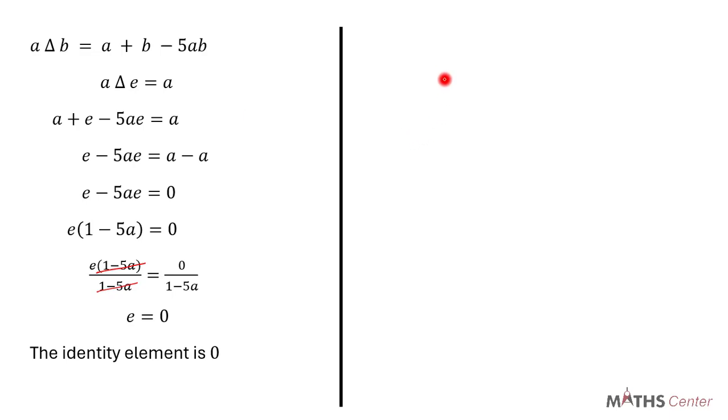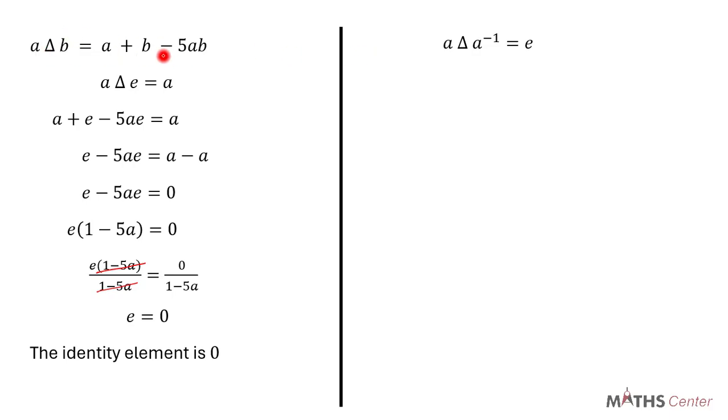We have just learned that for a given binary operation, so here the binary operation is delta, A delta the inverse of A will give us the identity element. From here, we can find the inverse of A, which will give us the inverse function for this particular binary operation. So let's compute A delta A inverse.